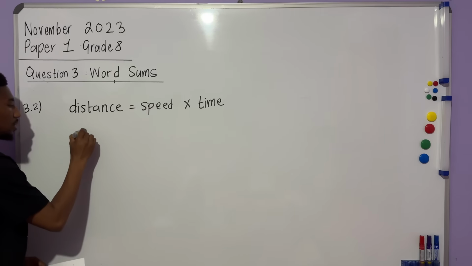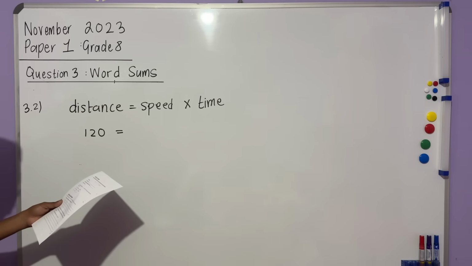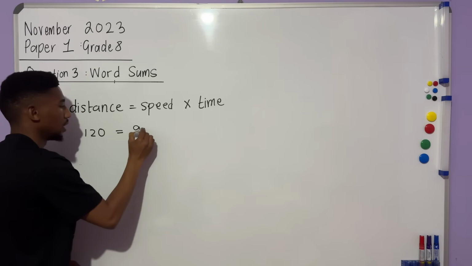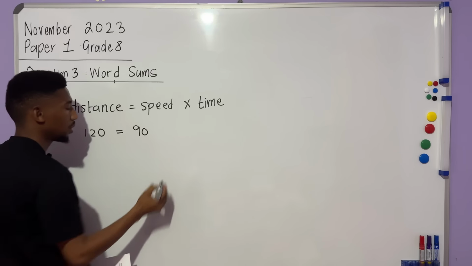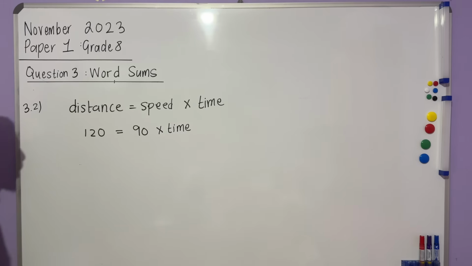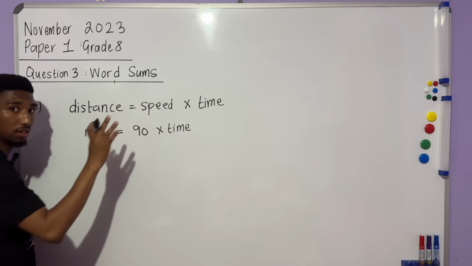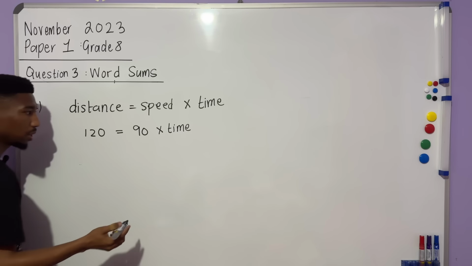The distance traveled was 120 kilometers, and it's equal to the speed, 90 kilometers per hour, multiplied by time. The step is quite easy for us to know the time. You're going to take this 90 away and do the inverse. That is just like solving a formula.